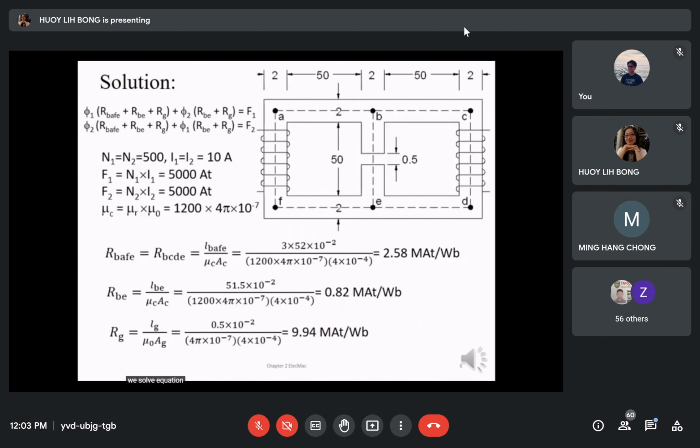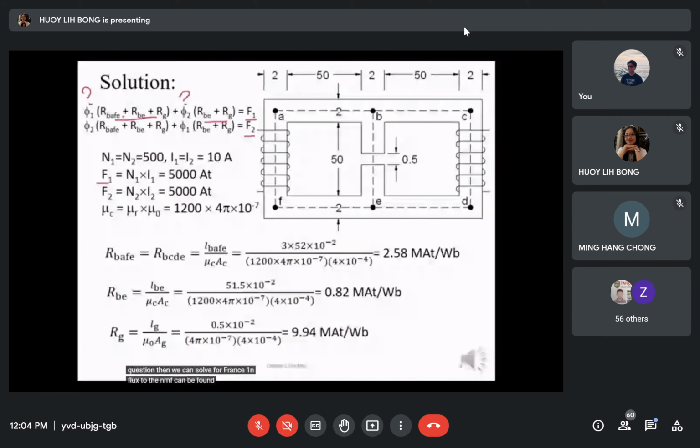To solve equations 1 and 2, we can determine the MMF values and also the reluctance values from the diagram given in the question. Then we can solve for flux 1 and flux 2.